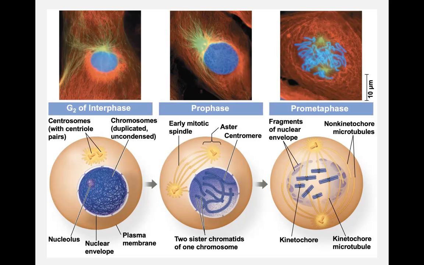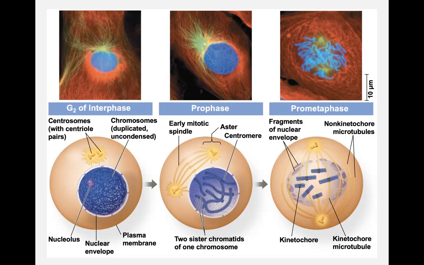Okay, we start to see that mitotic spindle form. So again, these are the tracks that'll pull the DNA to either side of the cell. Prometaphase, the nuclear envelope is breaking down. And now you can see the spindle microtubules are attaching to the chromosomes. So over here, they were kind of on their own.